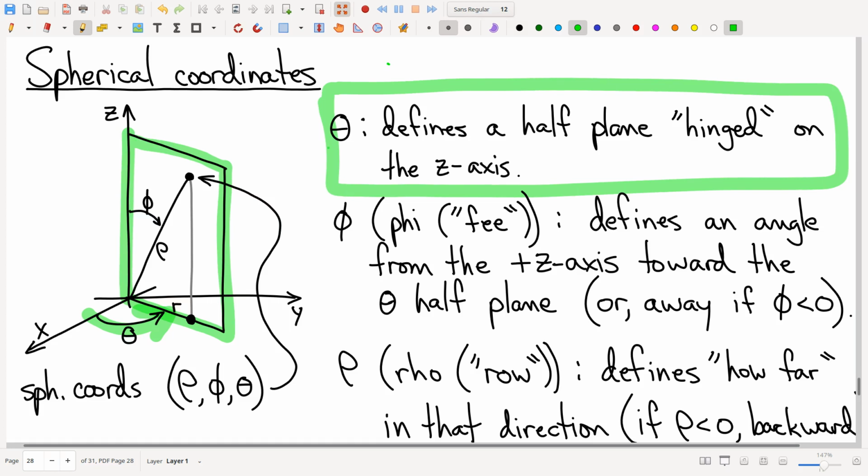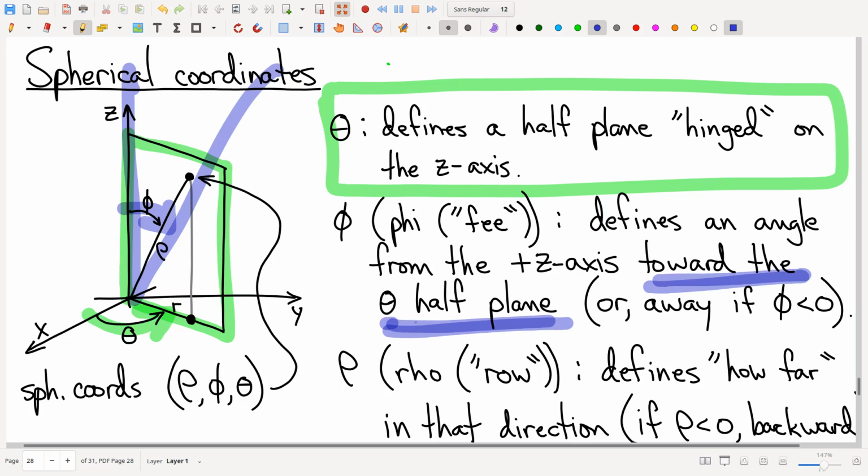If this were cylindrical coordinates, we'd be talking about r, that distance in the projection, blah, blah, and that is not how spherical coordinates works. Spherical coordinates says next thing we're going to do is look at the angle off of the positive part of the z-axis, specifically off the positive part of the z-axis and toward the theta direction. Right?